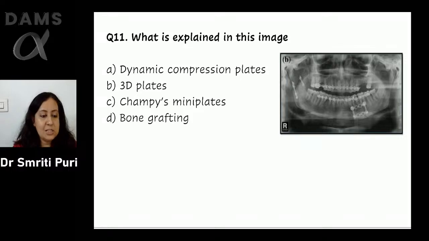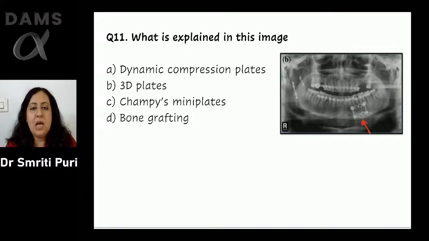Okay. What is explained in this image? I forgot to place an arrow, so I have placed an arrow. What is explained in this image? A. Dynamic compression plates. B. 3D plates. C. Champy's mini plates. And D. Bone grafting. Please answer as per the red arrow, the arrow that has been marked.